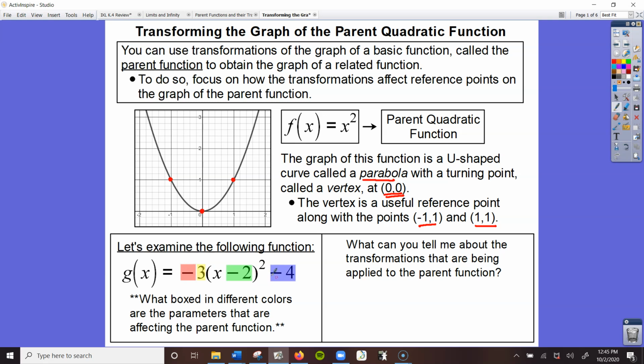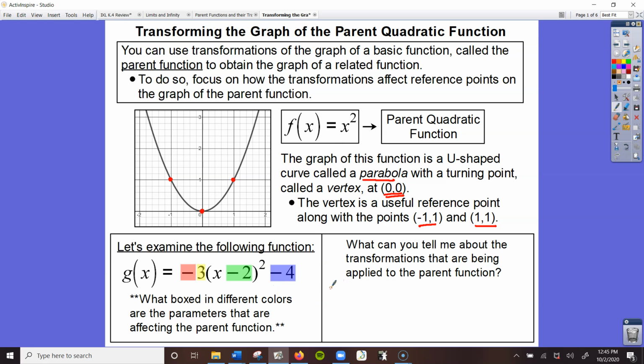Remember that in the case of the quadratic, you'll see that we have parentheses. Anything outside of the parentheses is going to affect your y values, and anything inside the parentheses affects your x values. Now, we don't do anything with the exponent right now. The exponent is just to let us know that our graph is going to look like the parabola. This is the function that we're graphing.